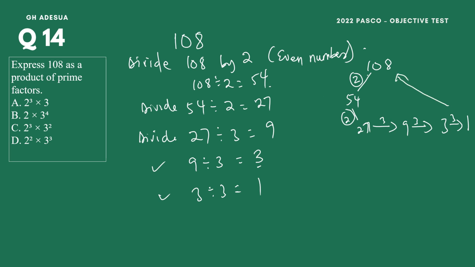Now, in writing it as a product of prime factors, we look at the factors that divided this 108 until we had 1. Realize that the two factors that did that were 2 and 3.